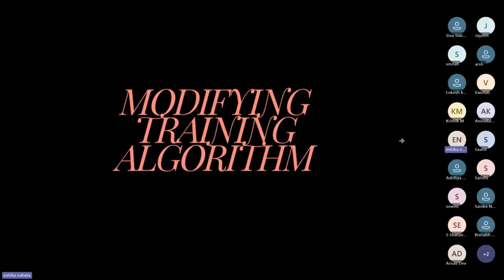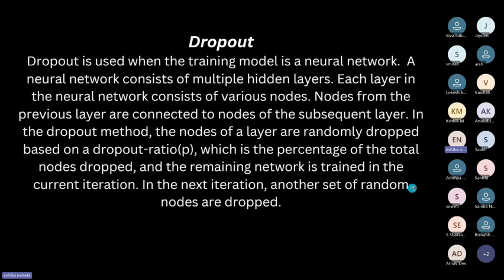And then the final way of regularization is the algorithm itself. We look at two things here, the first one being dropout. Dropout is applied to neural networks, and what you do is you have a certain value of dropout that you decide for each layer, and that value is the percentage of neurons or nodes in that layer that are excluded from the training process.